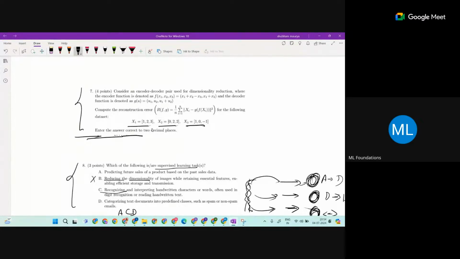What is being asked is to compute the reconstruction error. Error means loss, and the decoder is reconstructing the same vector in the same dimension, so generally we call it the reconstruction error. All of you try to solve this and calculate what the loss is here.